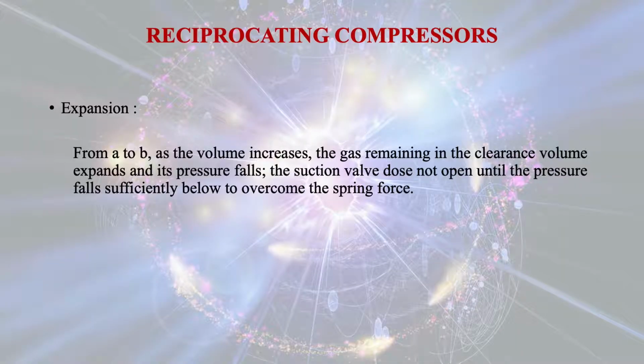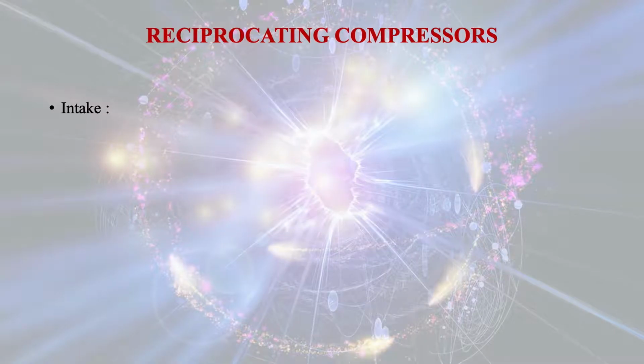Now expansion from point A to B: as the volume increases, the gas remaining in the clearance volume expands and its pressure falls. The suction valve does not open until the pressure falls sufficiently below the suction pressure to overcome the spring force. Next one is intake, that is intake of air inside the cylinder.